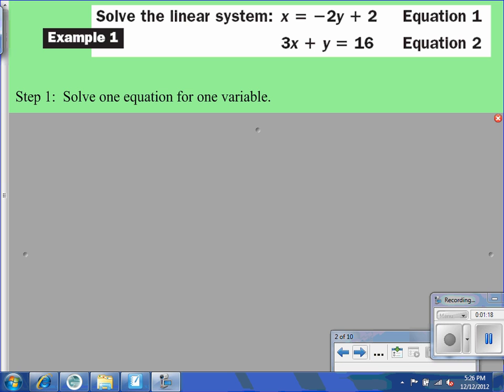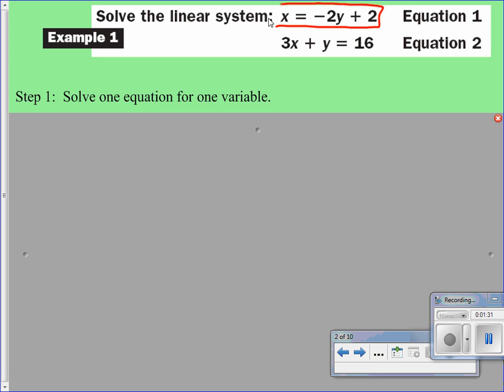So you have a system: x equals negative 2y plus 2 and 3x plus y equals 16. What we need to do first is get one equation to have one variable by itself. Well, looking at equation 1, x is by itself. It says x equals negative 2y plus 2.